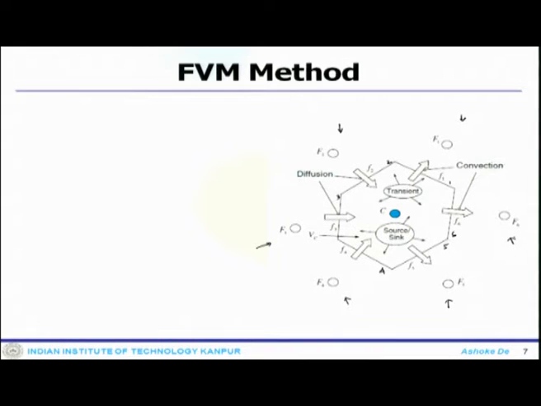These marked points are essentially the cell centers of the neighboring cells. So, the element C is surrounded by all these 6 elements.